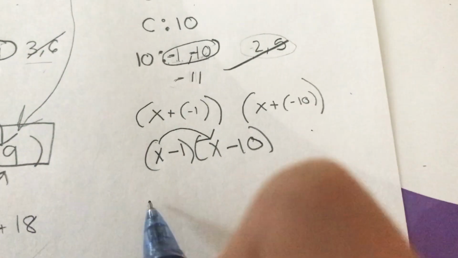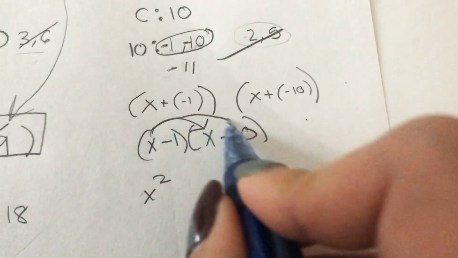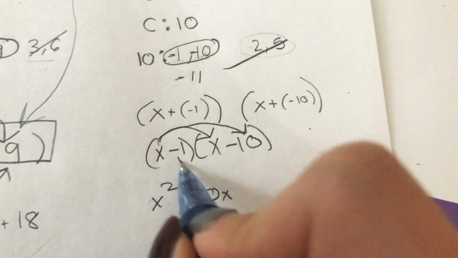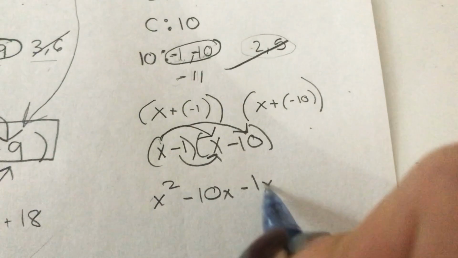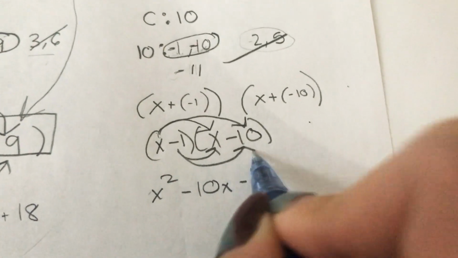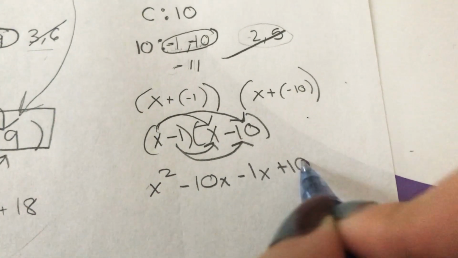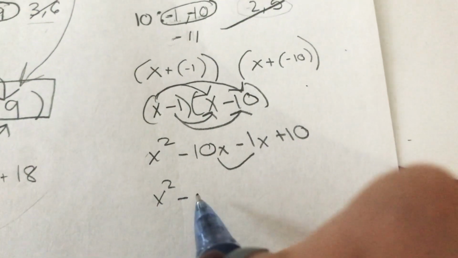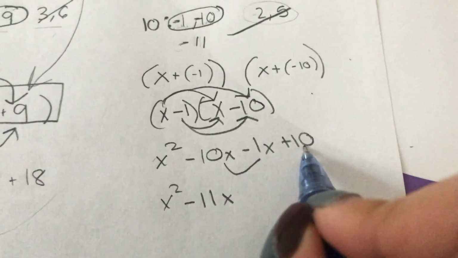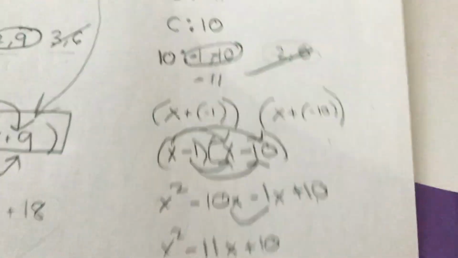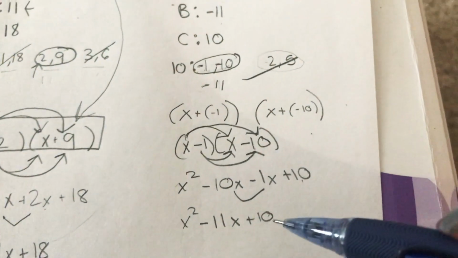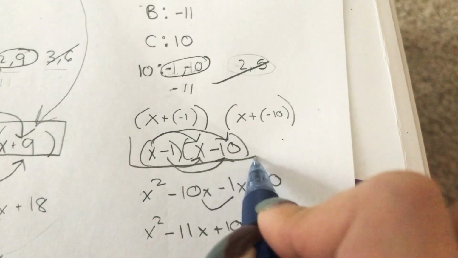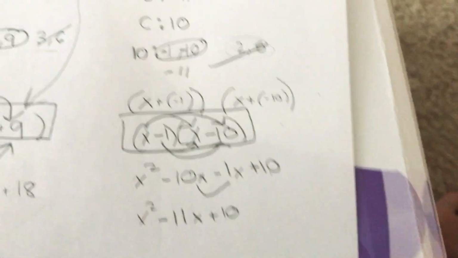So I have x times x is x squared, x times negative 10 is negative 10x, negative 1 times x is negative 1x, and negative 1 times negative 10 is positive 10. So I have x squared minus, these combine to be negative 11x, and plus 10. And I did it. I was able to match my x squared minus 11x plus 10. It works. So this here, x minus 1 times x minus 10, is my final factored form.